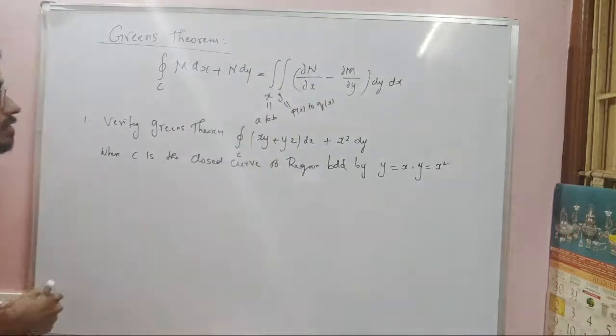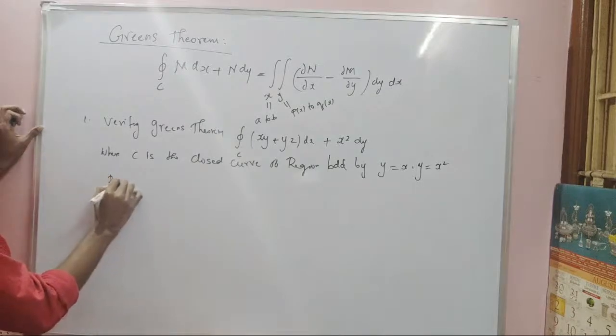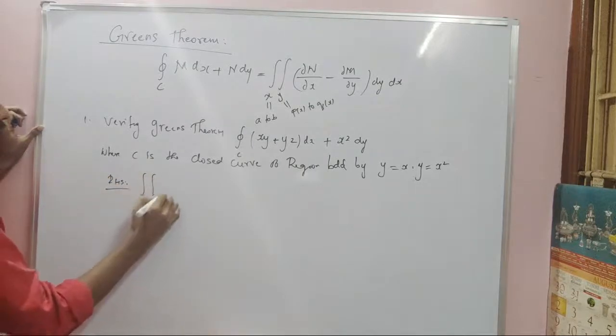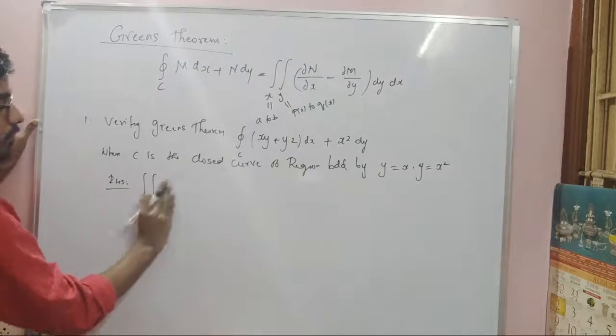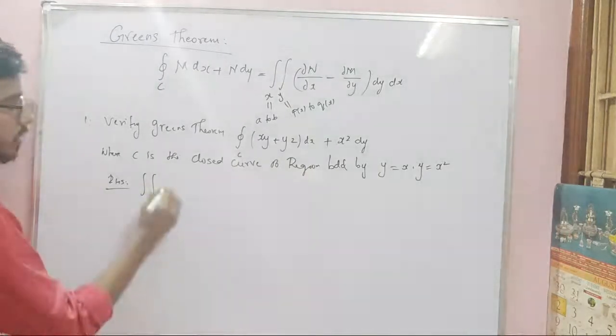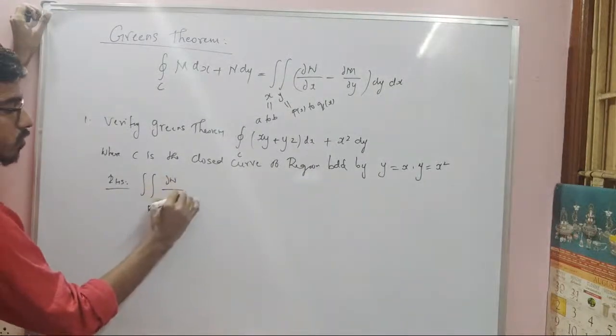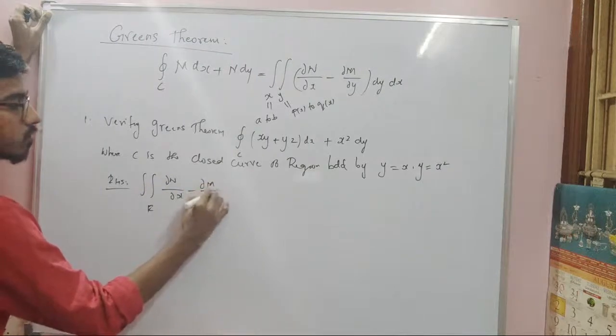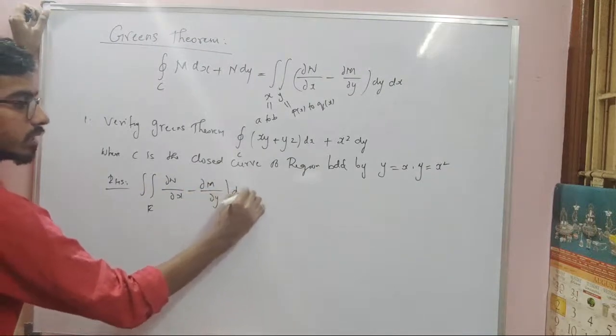So what is the RHS? The RHS is the double integral over R of dou n by dou x minus dou m by dou y, dy dx.